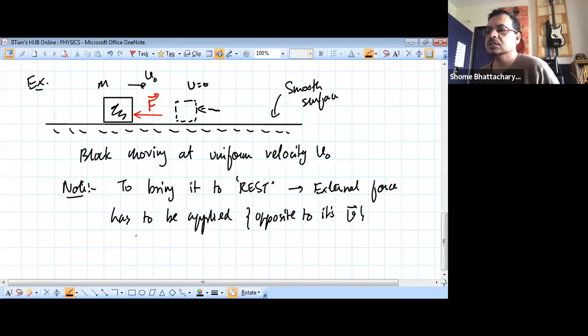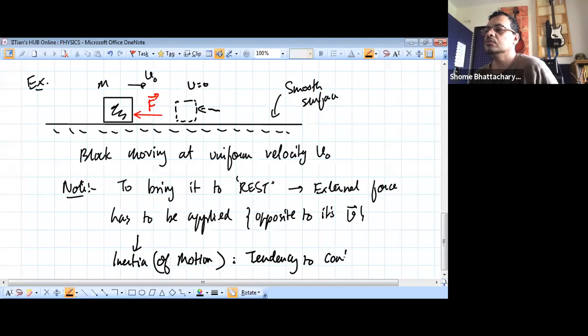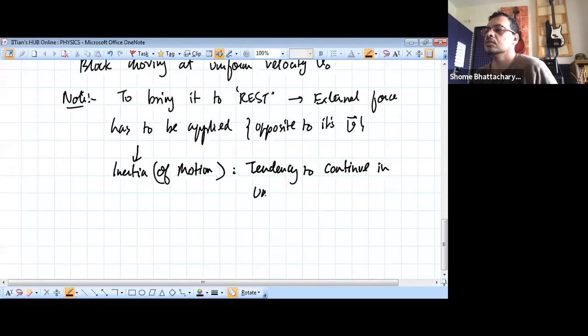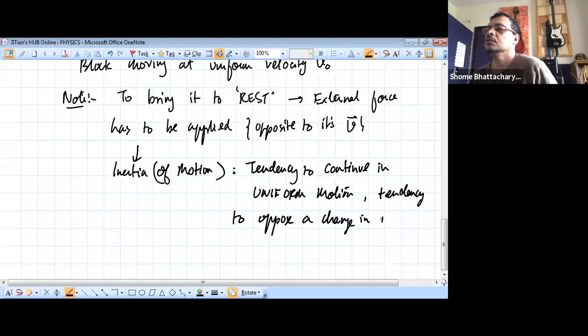This property of the body is now called the inertia of motion, so to speak. That property or tendency to continue in uniform motion, or the tendency to oppose a change in its state of motion.